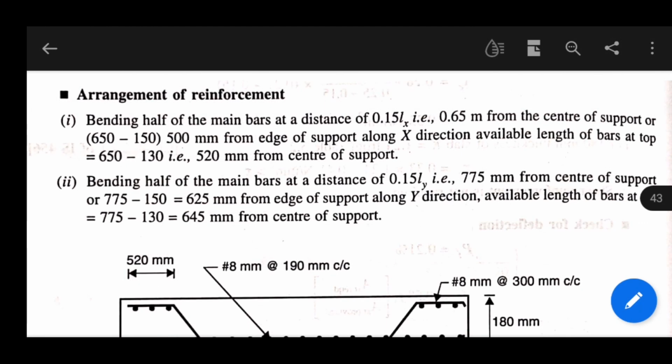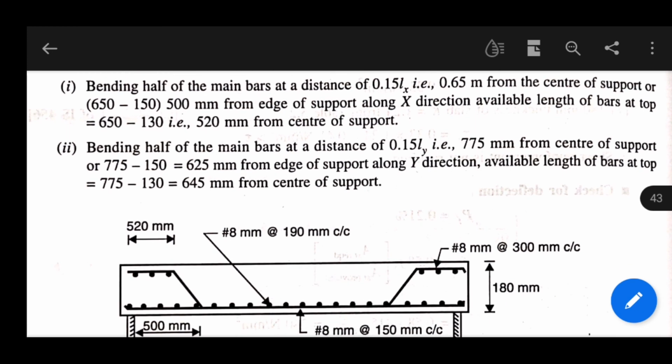Now, as per code provision, the reinforcement arrangement. First, bending half of the main bars at a distance 0.15 Lx, that is equal to 0.65 meter from the center of support, or 650 minus 150, that is 500 mm from edge of support along x direction. Available length of bars at top is 650 minus 130, that is equal to 520 mm from center of support.